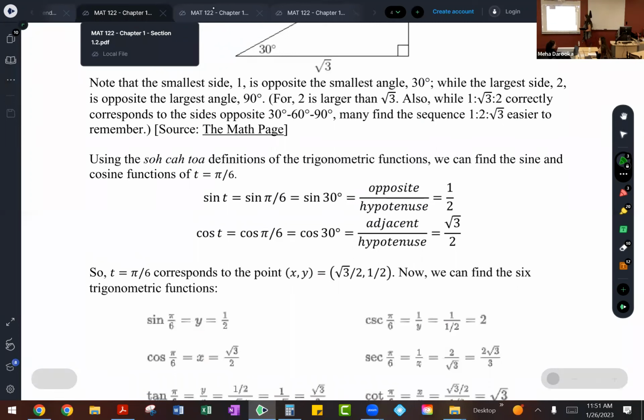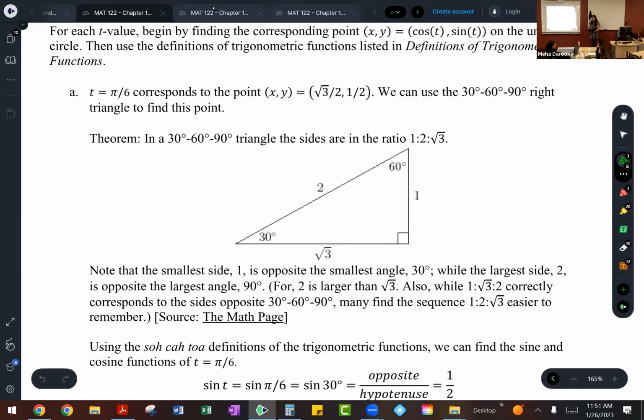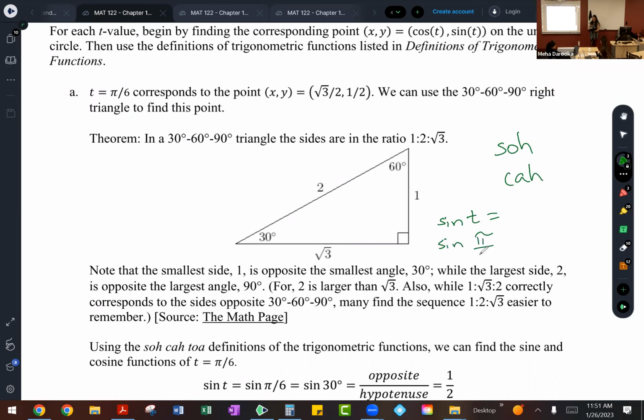So using that definition is where they're coming up with these sine and cosine values for pi over 6. For the sine function, we talk about opposite over hypotenuse. So sine of t, which in this case, your t value is pi over 6, would be opposite, which is 1, over hypotenuse, which would be 2.